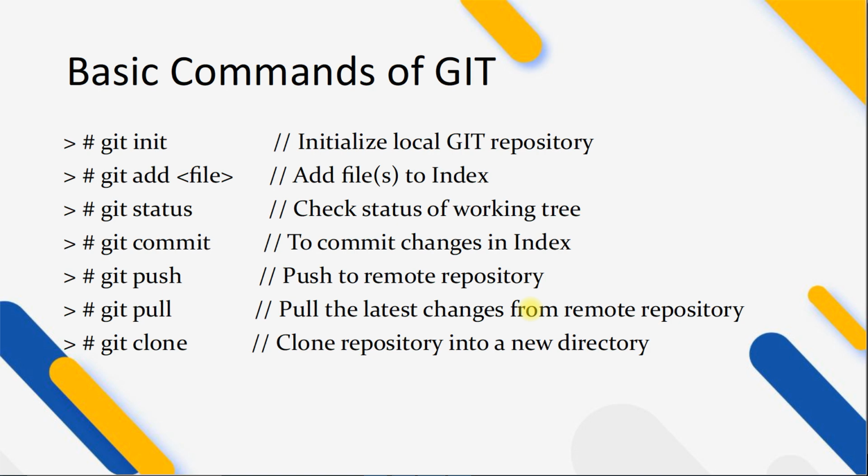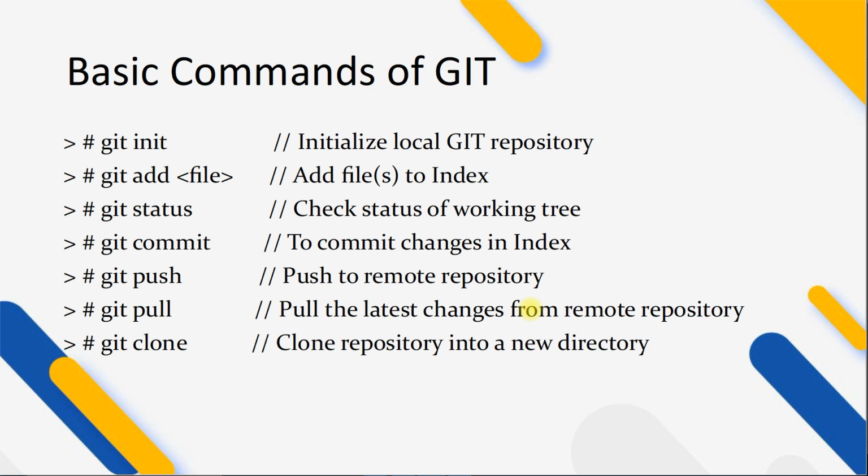Then next is git add and the file name. git add and the file name is used to add a file to the staging area, or the index, so it is ready to commit. The staging area is the area where you can edit your repository, your code, your files, anything.